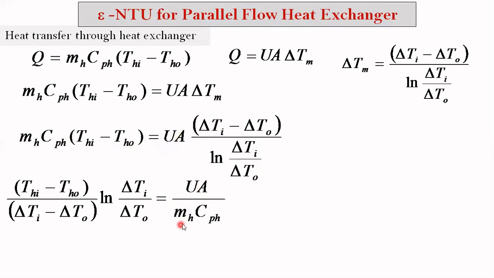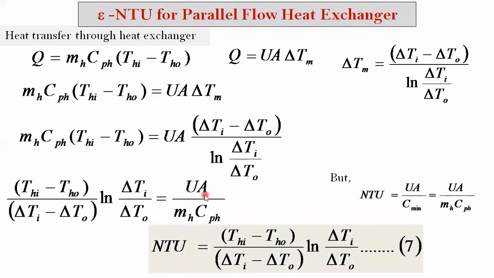So UA upon MH CpH equal to this term. Now UA upon C minimum, or UA upon MH CpH, we can write down as NTU. So we can write down this term as NTU, and this term THI minus THO upon delta Ti minus delta To into ln of delta Ti by delta To. So this is our equation of NTU, equation number 7.